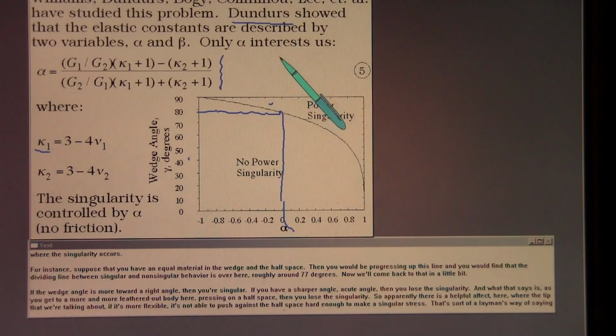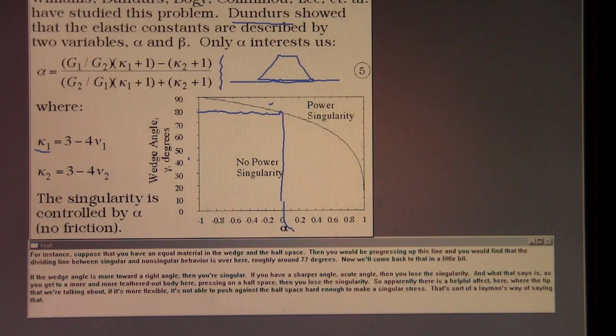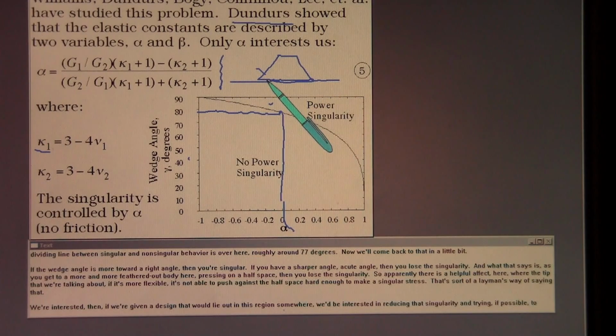What that says is, as you get to a more and more feathered out body pressing on a half space, then you lose the singularity. So apparently there is a helpful effect here where the tip that we're talking about, if it's more flexible, it's not able to push against the half space hard enough to make a singular stress. That's sort of a layman's way of saying that.